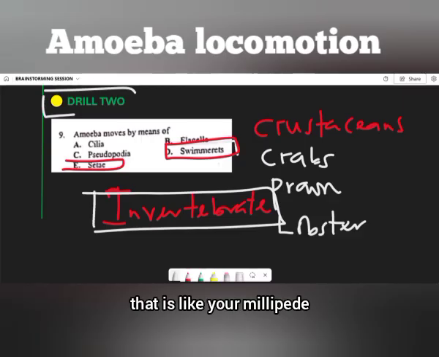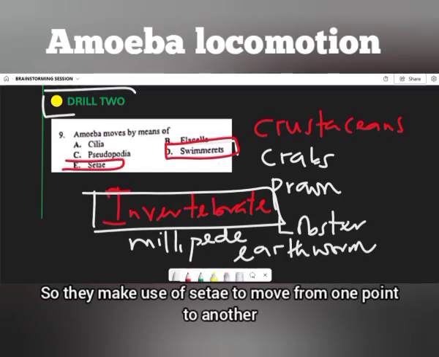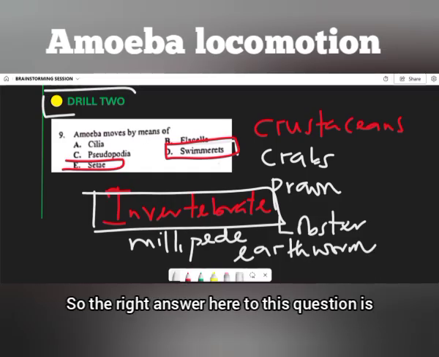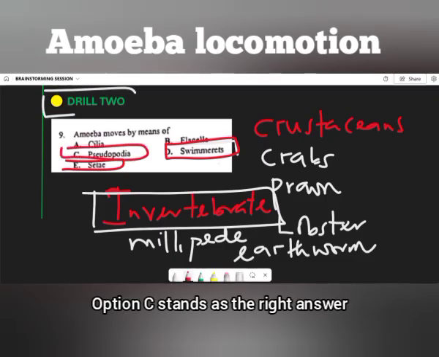An example of such organisms is the millipede and the earthworm. They make use of seta to move from one point to another. So the right answer to this question is option C, because it asks what amoeba moves by means of, and the answer is pseudopodia. Option C stands as the right answer.